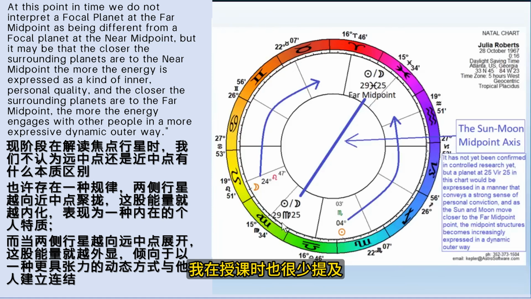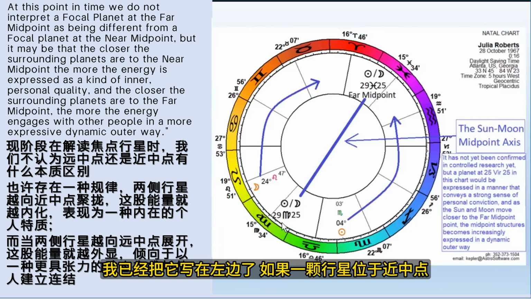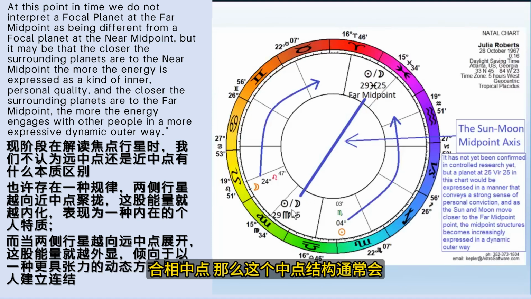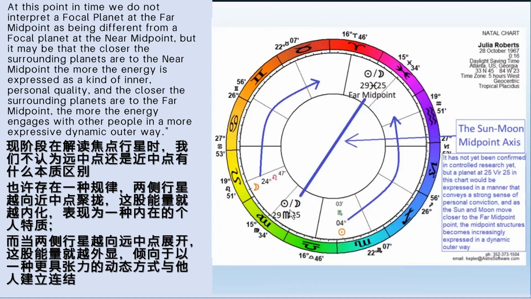I haven't spoken about this very much in the courses that I've taught, but I do think there's a difference. And I've written it down here on the left side, that if a planet is at the near midpoint, at the 29 Virgo 25 in this case, or in other words, as we would say, conjunct the midpoint, it appears that that midpoint structure is expressed as a kind of inner personal quality.